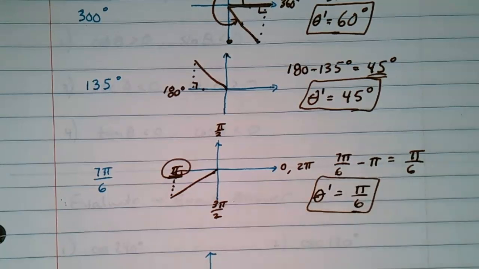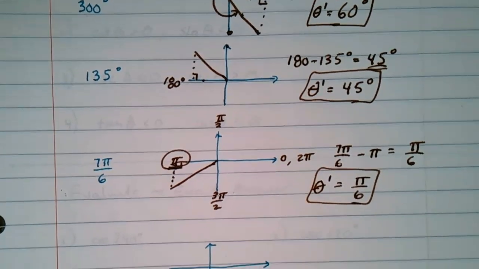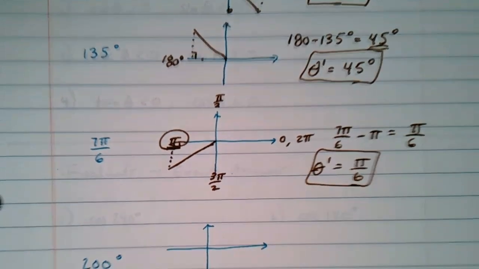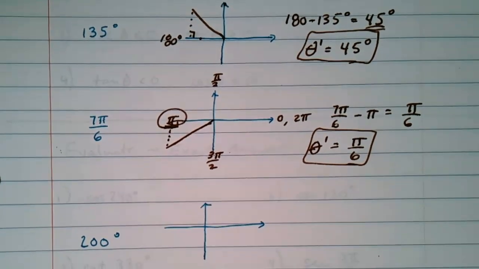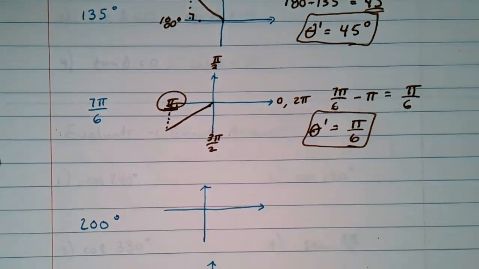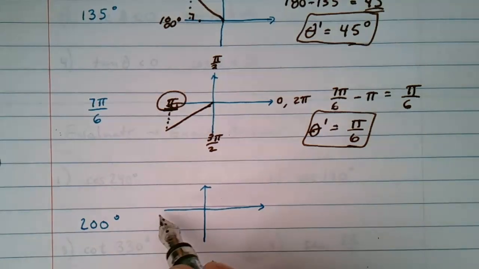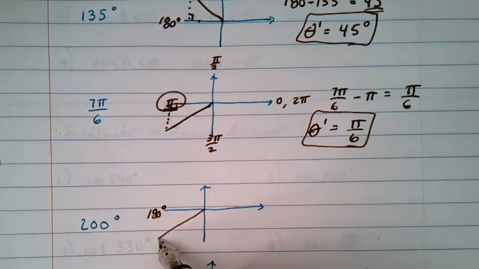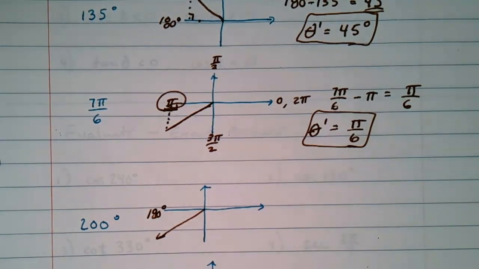Okay? Now I want to do a few angles that aren't pretty angles, because we keep talking about these special angles, pi by 6 and pi by 3 and 45 and 30. But what if we have an angle like 200 degrees? Okay, well, again, this is 180. So I know 200 degrees is somewhere out in quadrant 3. The nearest x-axis is still going to be there, 180.